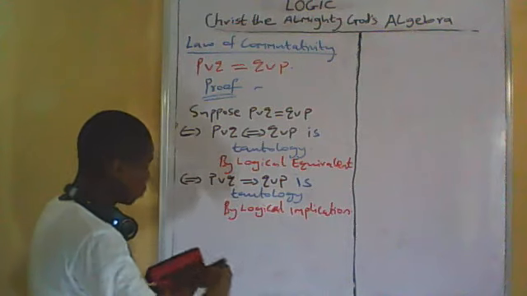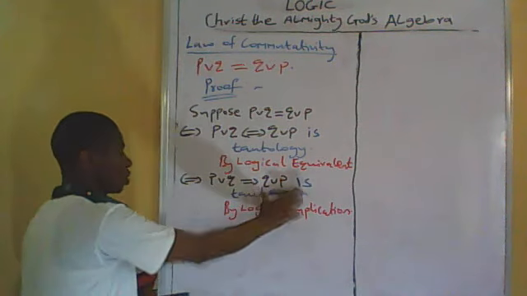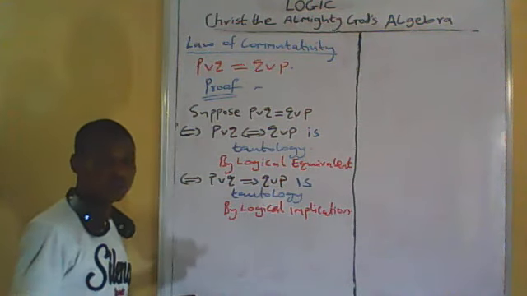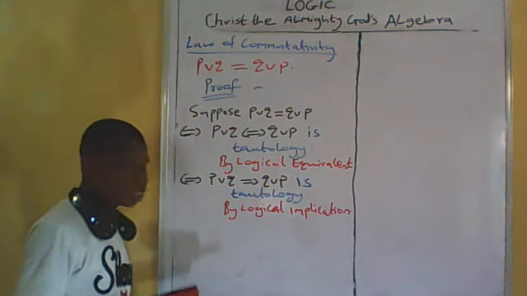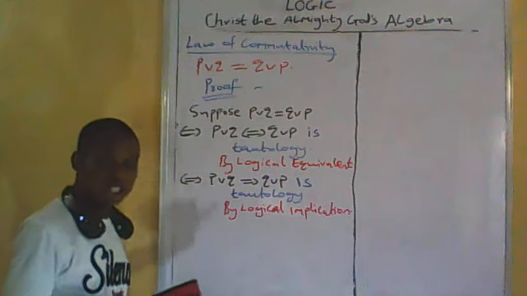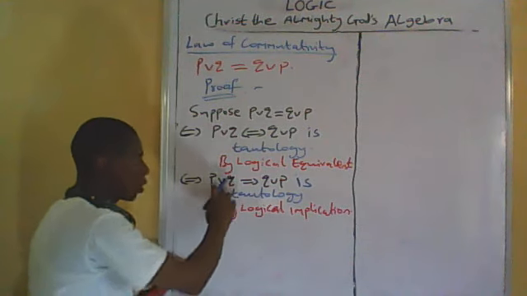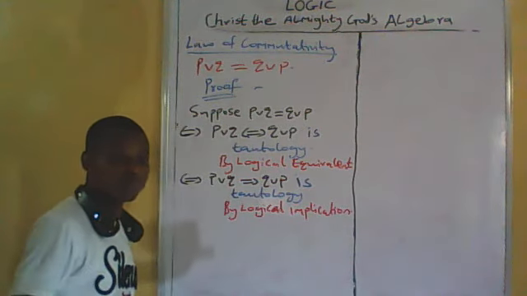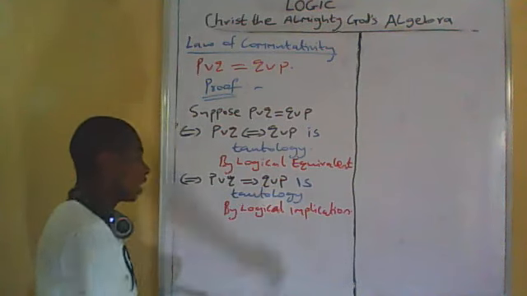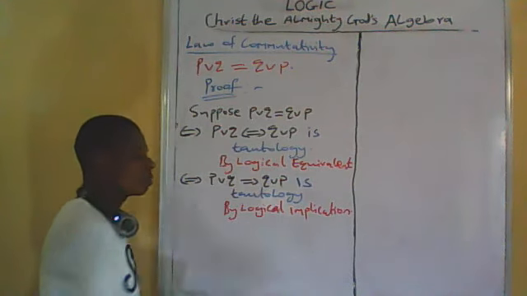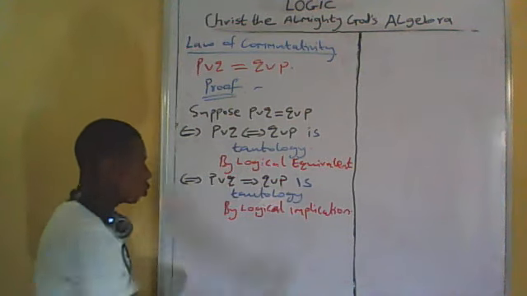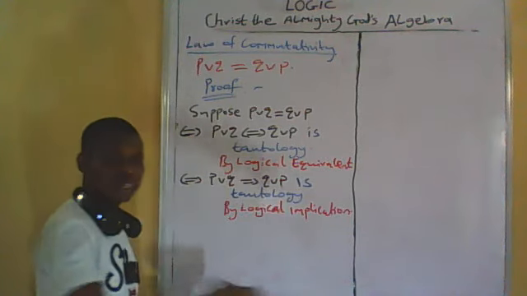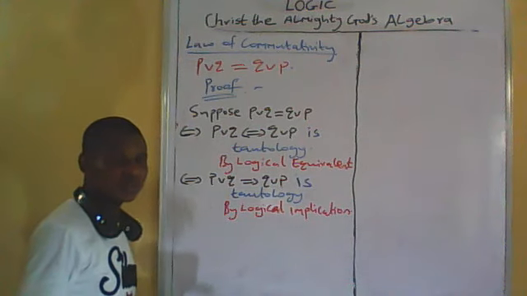Since the statement is tautology and it is true, there's no possibility of ascertaining falsity in the statement. We then deduce that it is certain that P or Q exists, and it is also certain that Q or P exists. P or Q, that is the antecedent, exists, and also Q or P, that is the consequent, also exists.